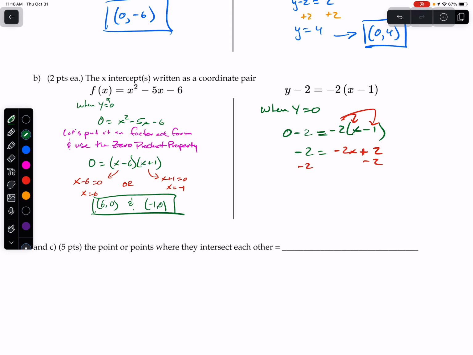And we'll get negative 4 equals minus 2x. Divide both sides by negative 2 because those went away. And we get x equals 2. Again, don't box that. That's not our answer. So it means our answer is 2, 0.